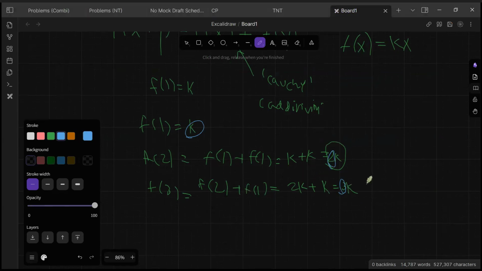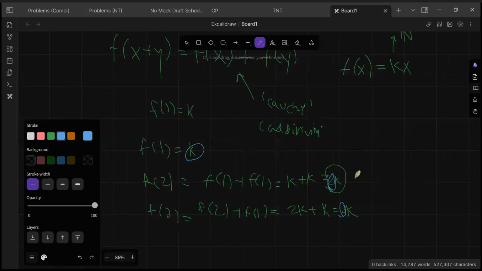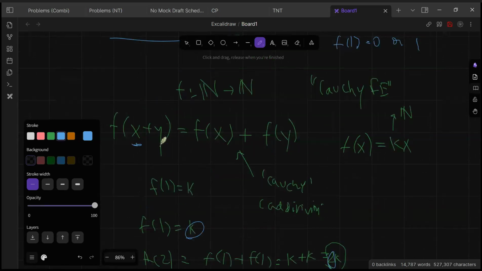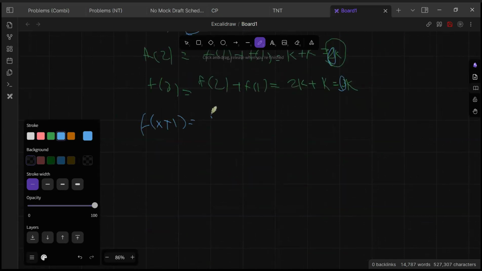People are saying induction, but people might not know what induction is, so we'll just go with the pattern. It is pretty clear what's happening. If we let x be x and let y be 1, f of x plus 1 is f of x plus f of 1.